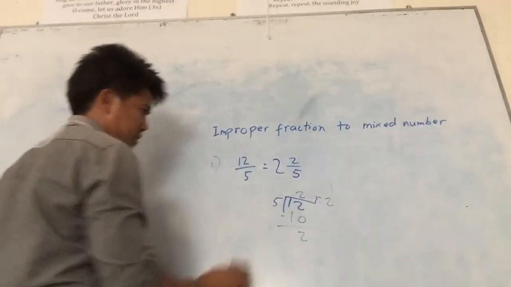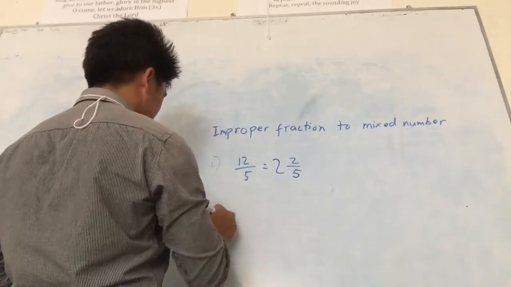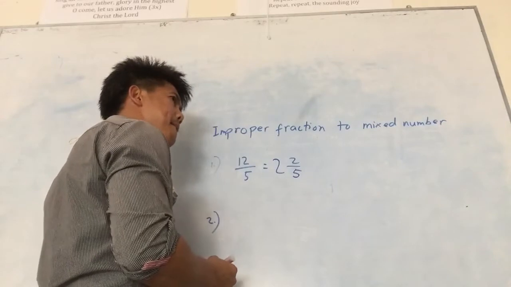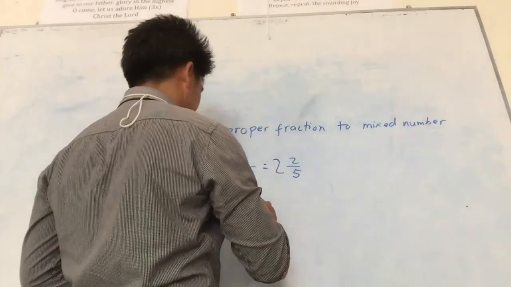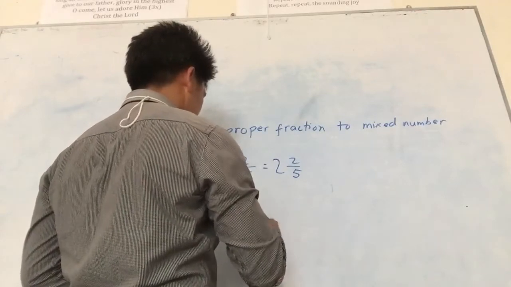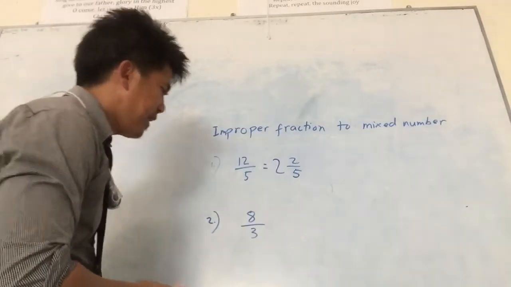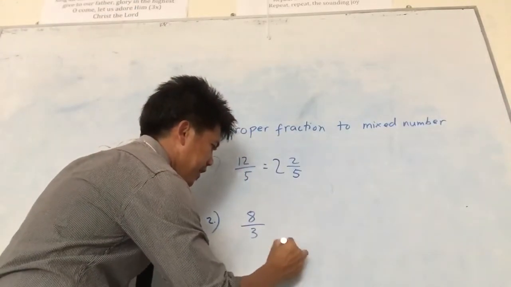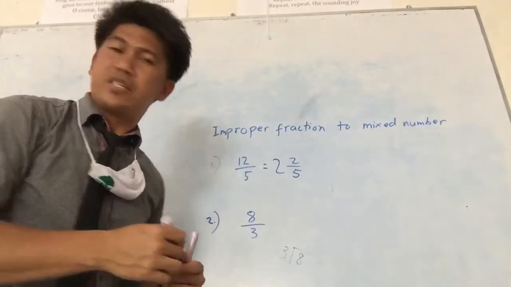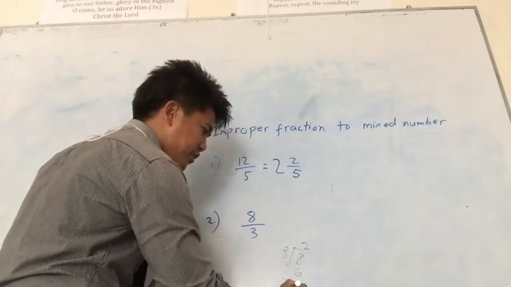Example number 2. Let's say 8/3. Simply divide. 8 divided by 3 is 2. 2 times 3 is 6. 8 minus 6 is 2.